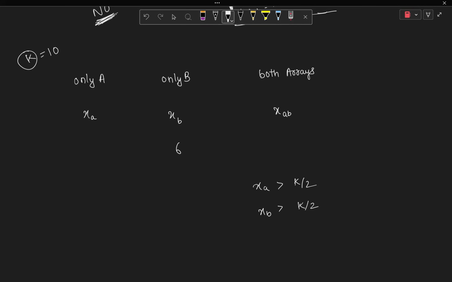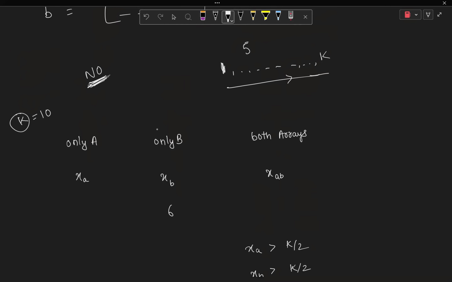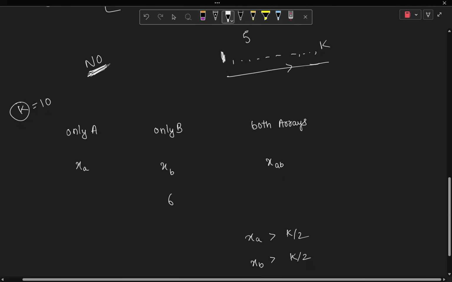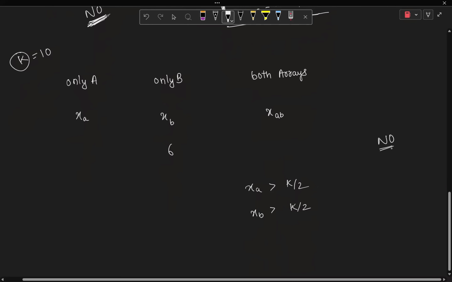So there are 6 elements in this range which are coming up in only array B, but I can pick up only 5 of them. So at least one element would be left which I cannot pick up in the range from 1 to k. So the answer would definitely be no. Does this thing make sense?